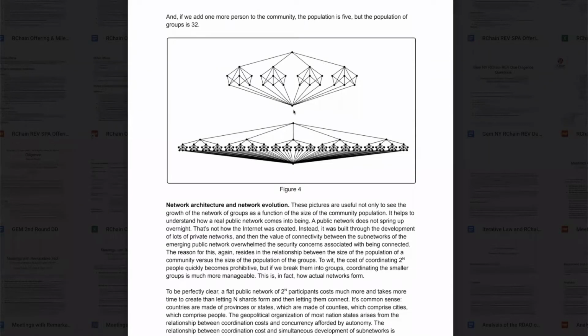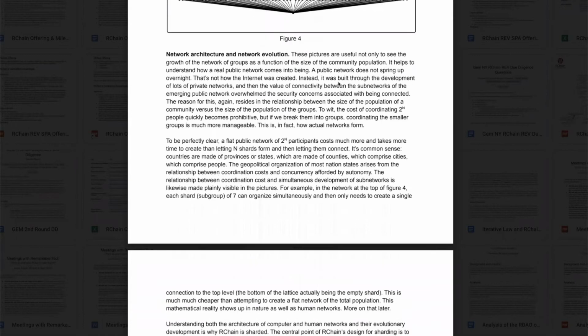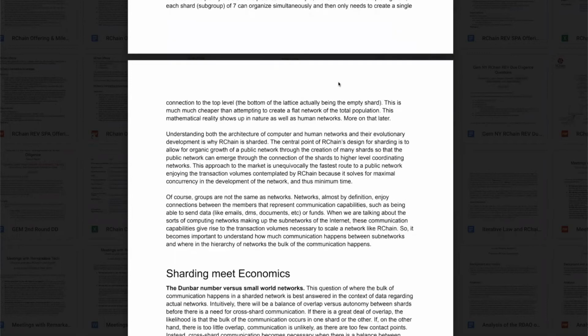So the argument is we get to the public network faster if we let each of these subgroups independently develop their own private shards. And this is just common sense, right? It's how the world is structured today.